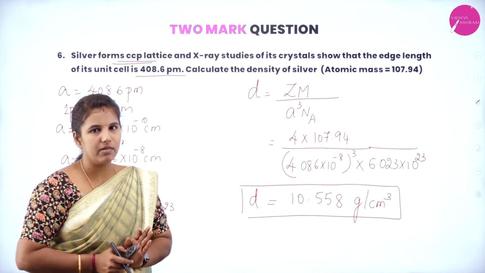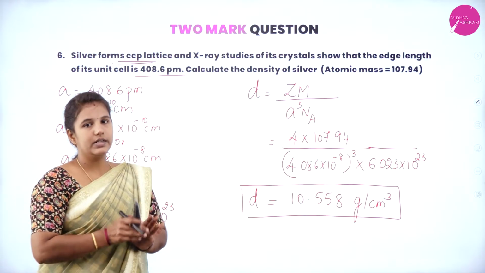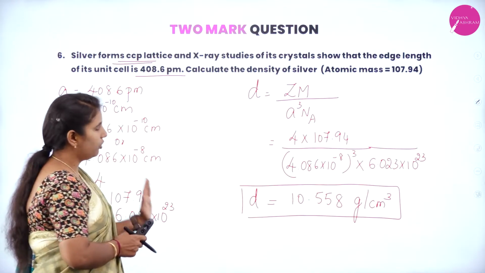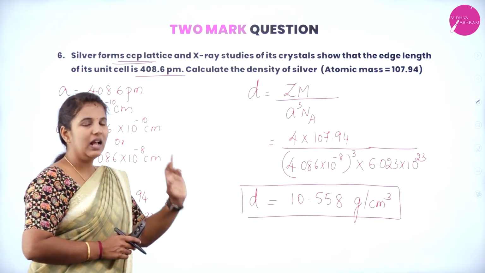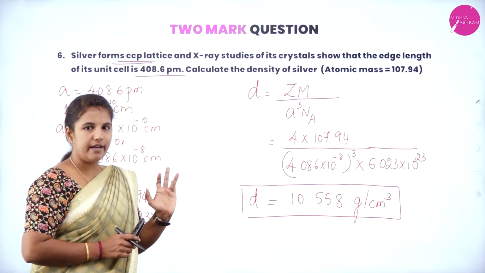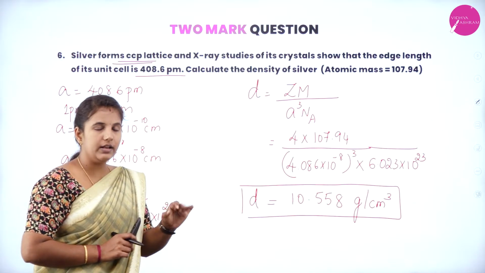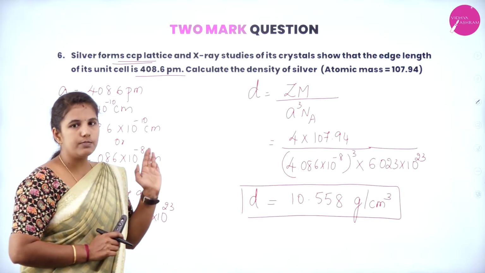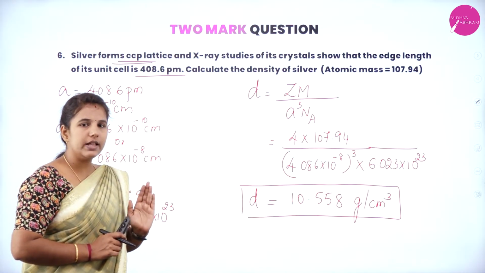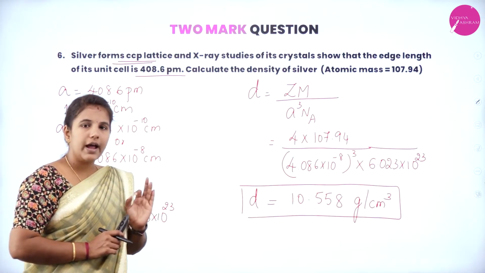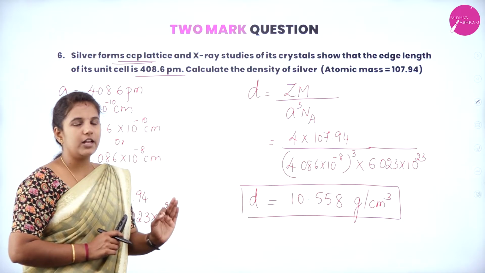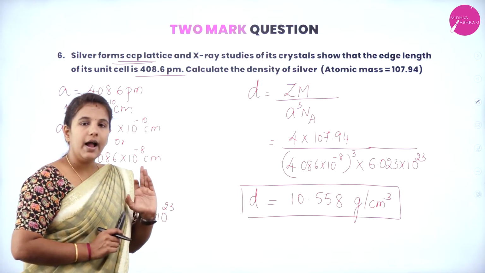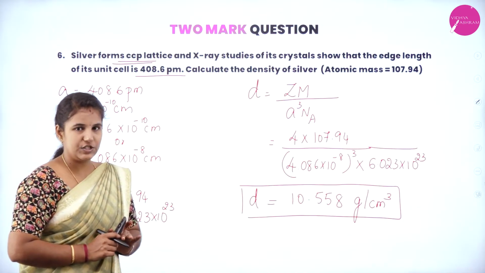It is very simple to attend the density numerical. Just read the question twice. See whether they have given the Z value or if they have given a hint like BCC, FCC or simple cube, you need to put the value for Z, and also they will give the M value, and you need to know the Na value, that is Avogadro number, and also they will give the edge length.